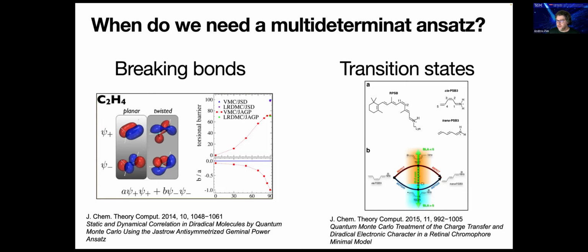In order to understand the mechanism, it is important to measure the barrier between these two conformations. Even here, we need an ansatz that is more general than a single Slater determinant plus Jastrow to have a reliable barrier.